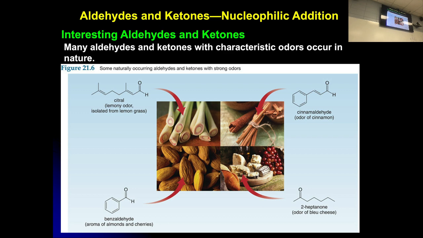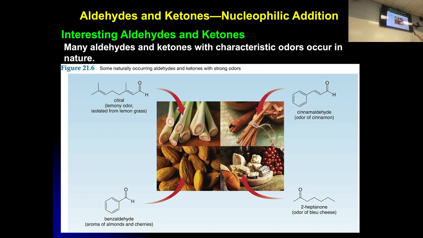And if I opened a bottle of benzaldehyde, I think you would most likely associate it with the maraschino cherry smell as opposed to an almond smell. Unless you crush almonds and get the oils, I don't think you really sense that benzaldehyde smell. But the cherries, you really get it. If you open up a bottle of benzaldehyde, it's like somebody opened up a jar of cherries. It really does smell quite pleasant, actually.